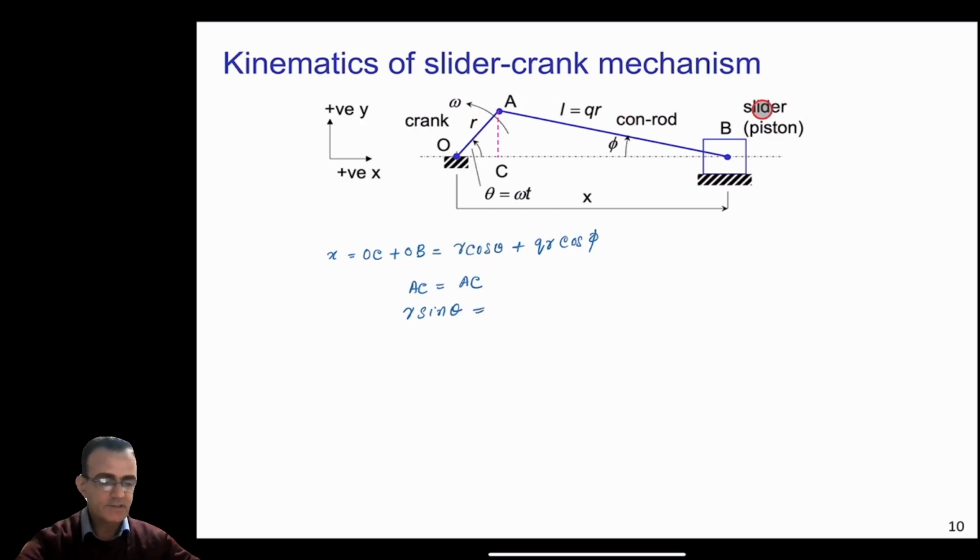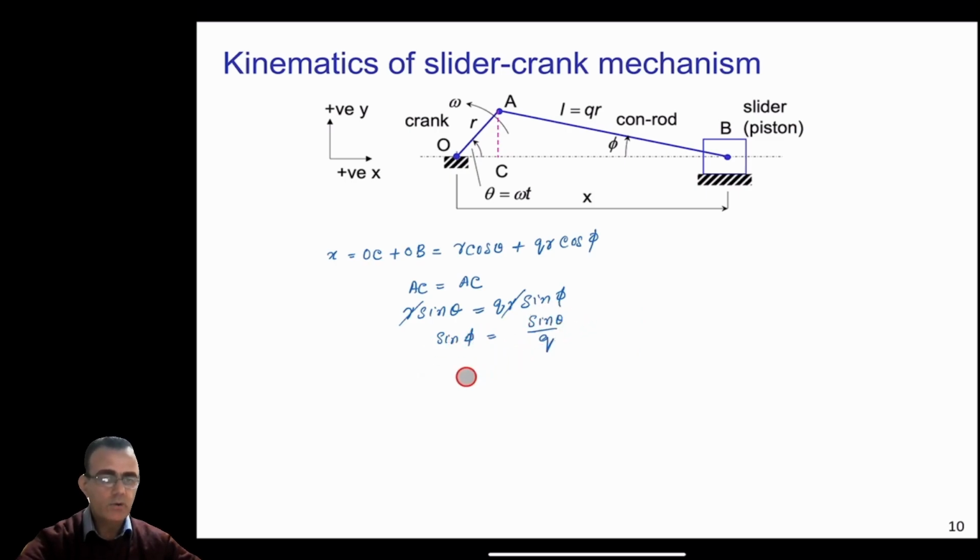And for this side, we can calculate AC by using QR sine phi. So from here you can calculate sine phi, and you can cancel R with R, so it becomes sine theta divided by Q. So we managed to calculate the relation between sine phi and sine theta.